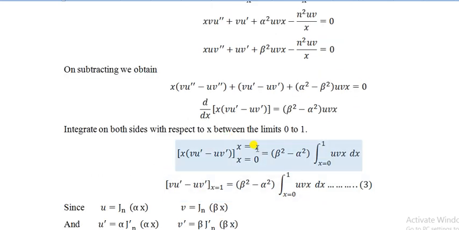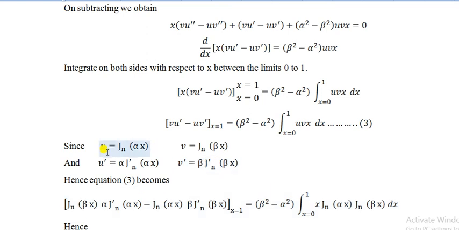After substituting the upper limit 1, we get v u' minus u v' at x equal to 1, and if you put the lower limit 0, the whole term becomes 0. Keep the right-hand side as it is. Say this one is equation number 3.